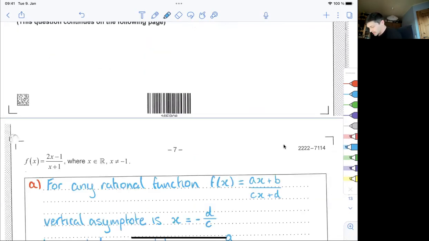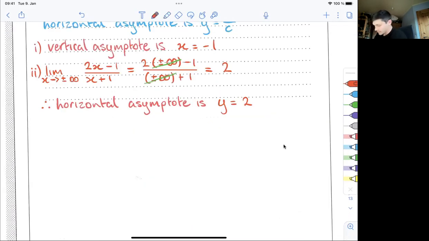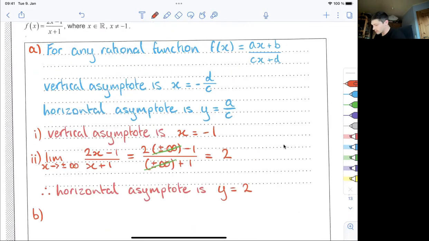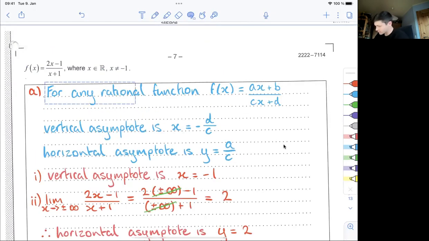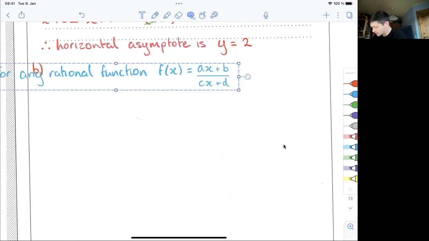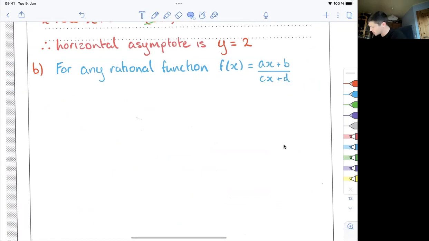So let's go back down to our working page and talk a little bit about how to find the x-intercept and the y-intercept for these rational functions. I'm going to copy this for any rational function. For any rational function, the x-intercept is going to be -b over a, comma 0.